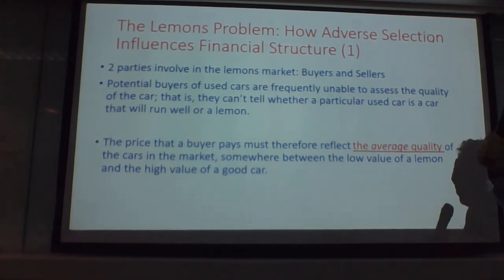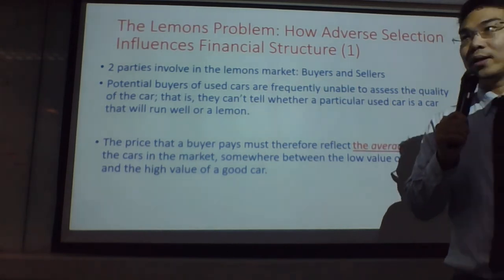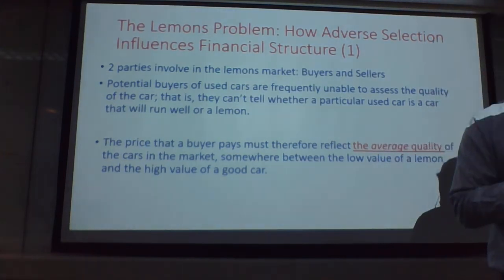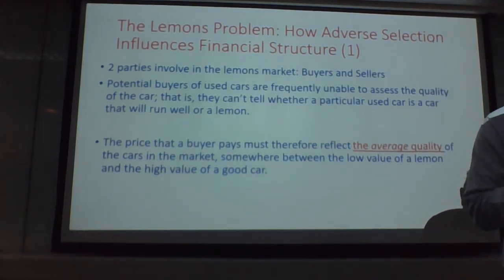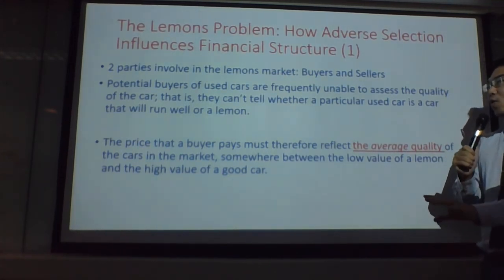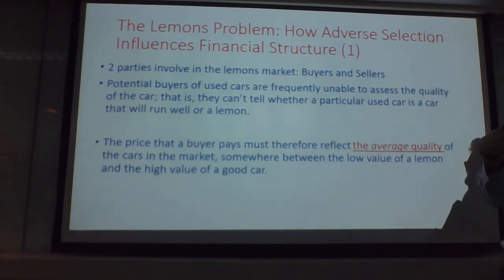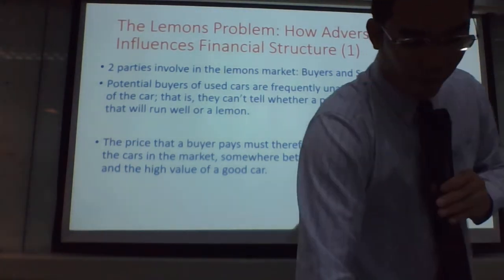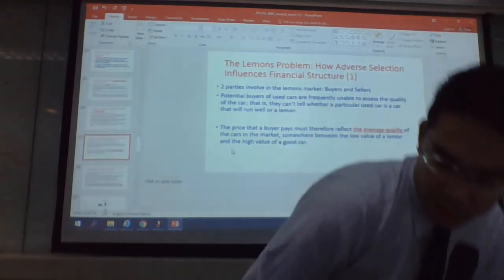The low quality goods, the low credit guys, or people who are willing to take higher risk in a very undesirable way, we use the word lemon to describe them. I will use the example of the market for second-hand cars. This evidence comes from the paper by Robert Akerlof.